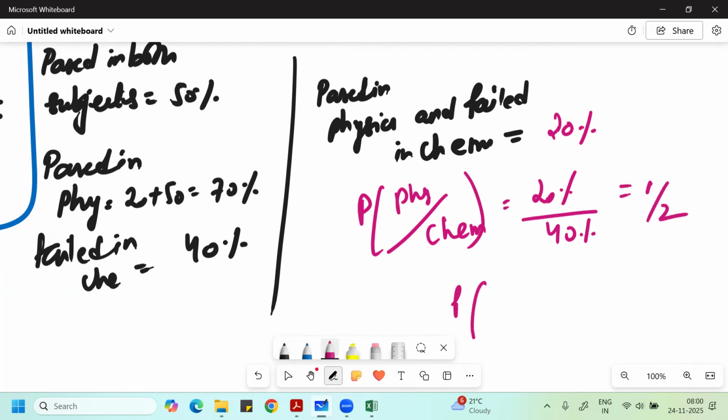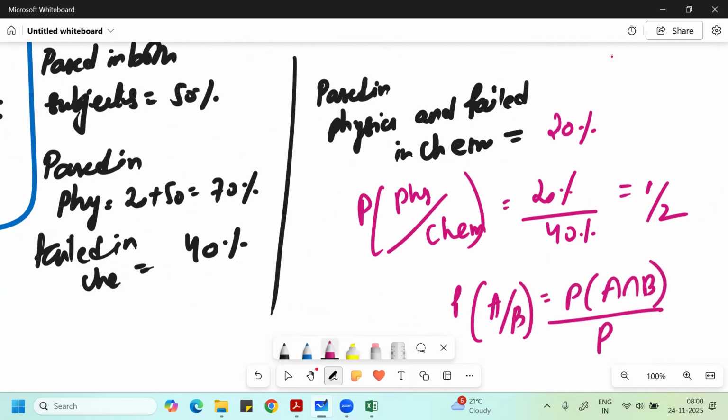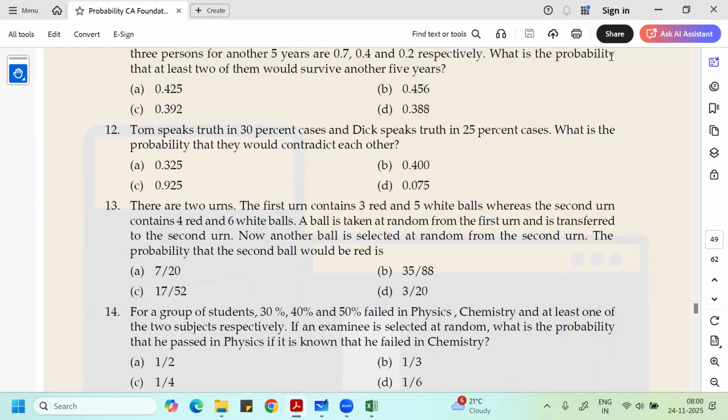I hope you know conditional probability: A given B is A intersection B by B. The students who passed in physics and failed in chemistry are 20%, and the total probability of failing in chemistry is 40%. So the probability is 1 by 2. The answer is option A, 1 by 2.